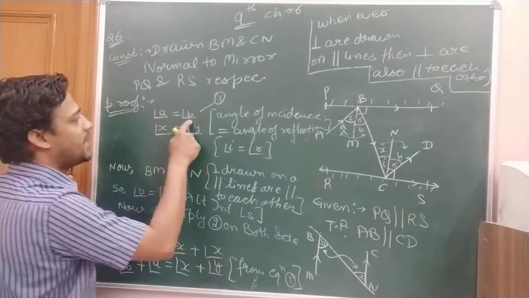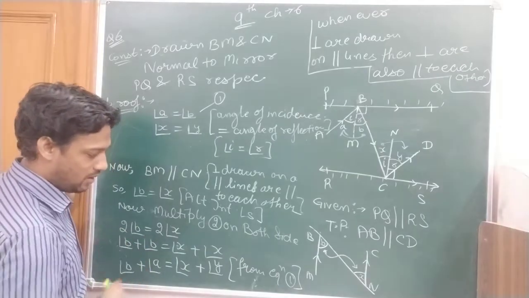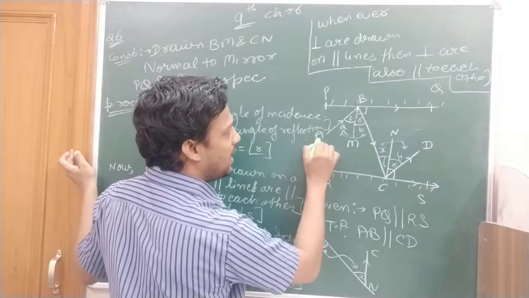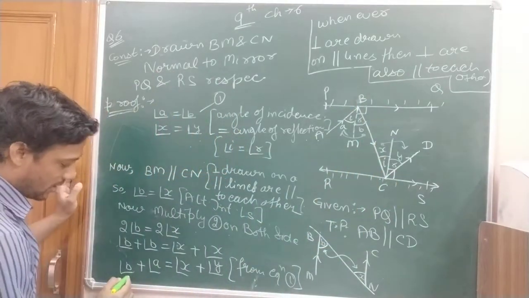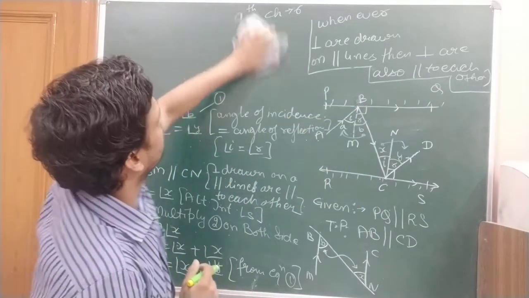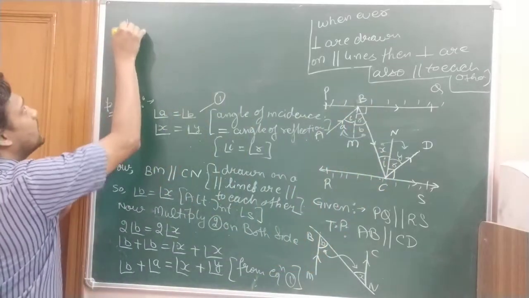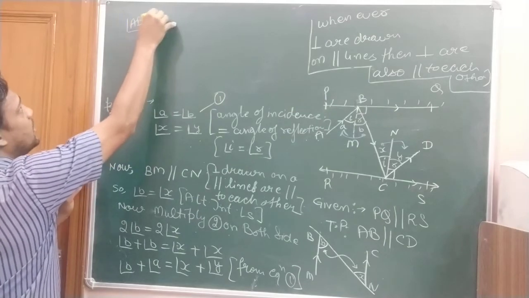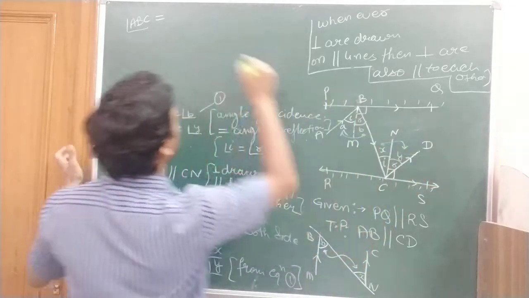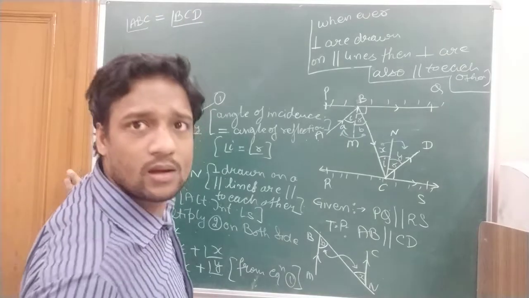In equation 1 you can see that angle A is equal to B and X is equal to Y. That's why I have written A instead of B and Y instead of X. Now angle A plus B comes to angle ABC. So angle ABC equals angle X plus Y, which comes to angle BCD.